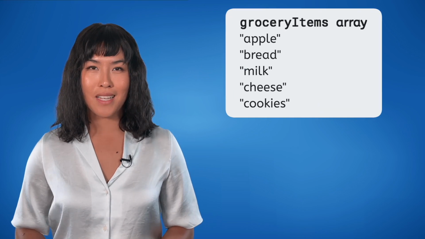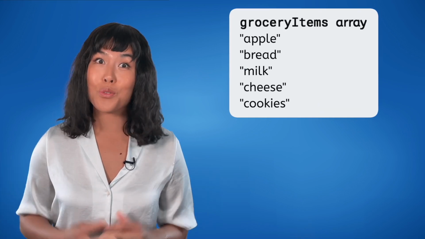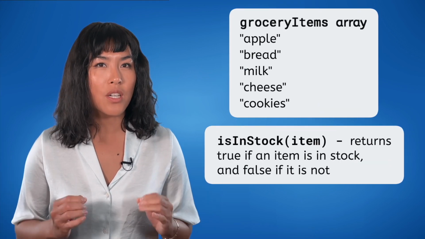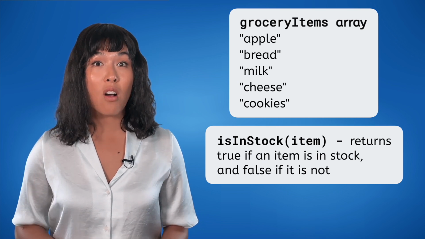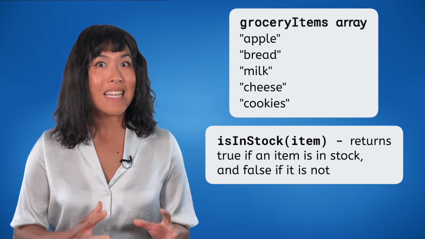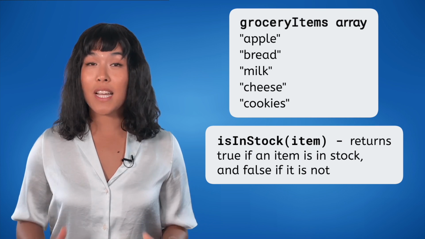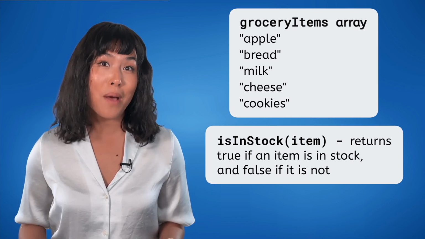For our final task, let's modify a program for a digital grocery list. We have an array of grocery items. Our task is to go through this array and check if each item is in stock with a call to a function named isInStock, which accepts an item as a parameter.